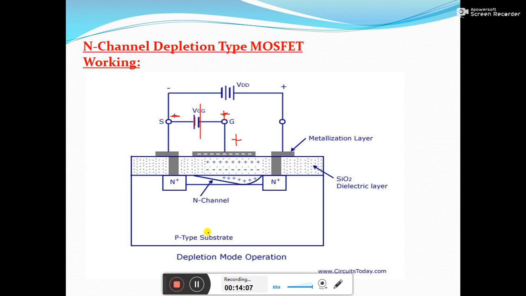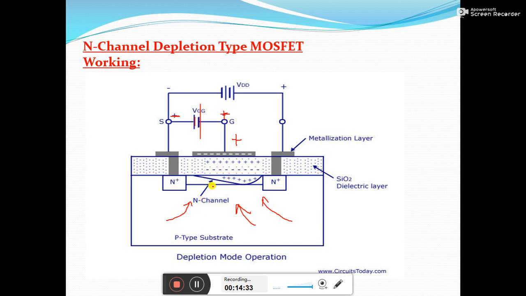For the positive values of VGS voltage, the positive gate will draw additional electrons from the p type substrate. As we know, the p type substrate won't have only holes, it will still have a minor number of electrons, and those electrons are attracted towards the gate terminal, in the sense they are attracted towards the channel.